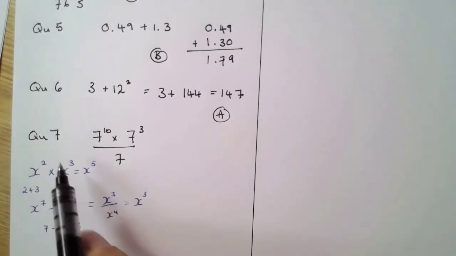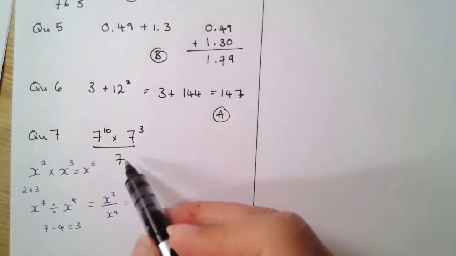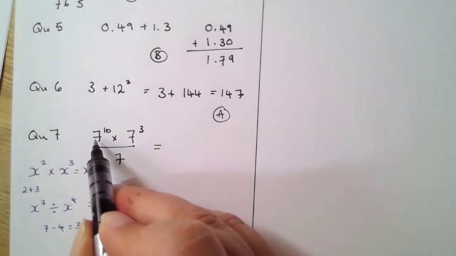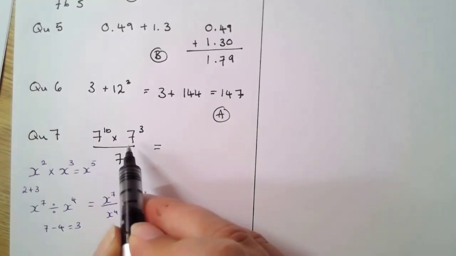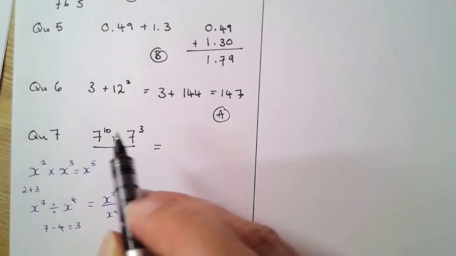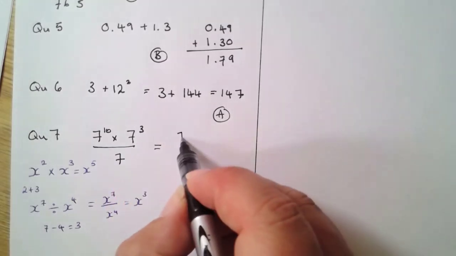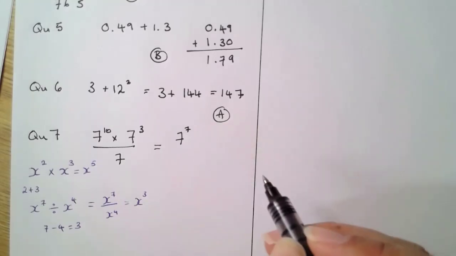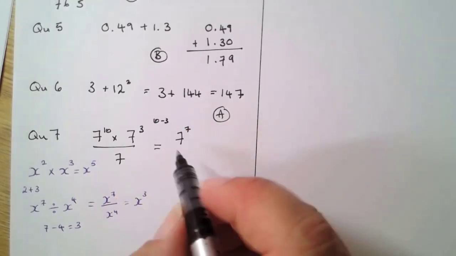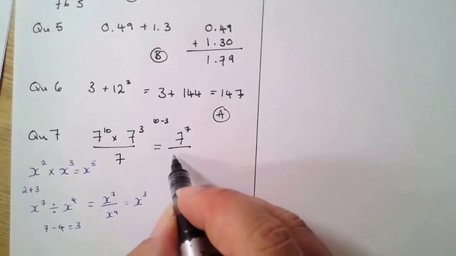Now we're going to use both of these, the multiplication and the division, to do this calculation. We take the fact that you've got the same base, whether it's x or whether it's 7. We've got 7. We can use the same rule to use these indices. So we're doing 10 subtract 3 is going to be 7 to the power of 7. All over, just a 7 at the bottom here.